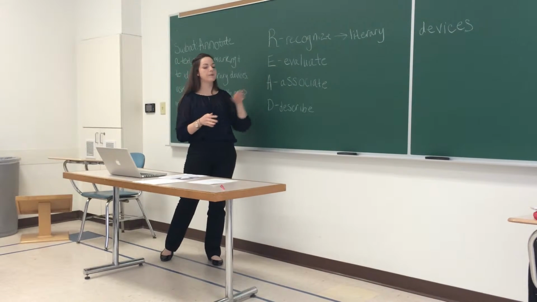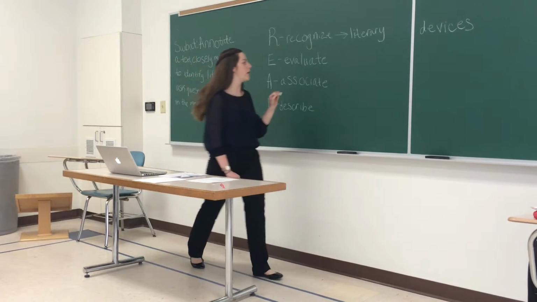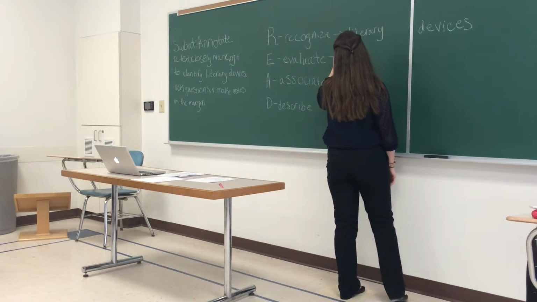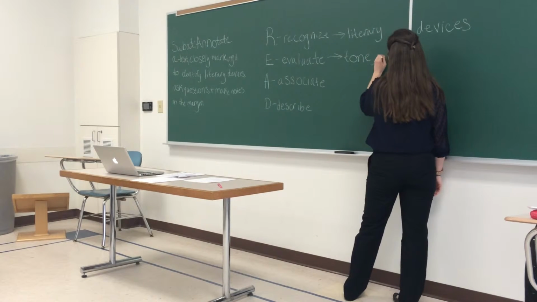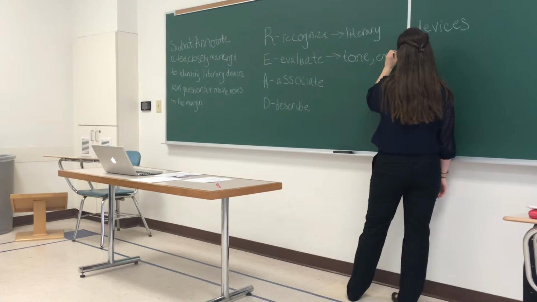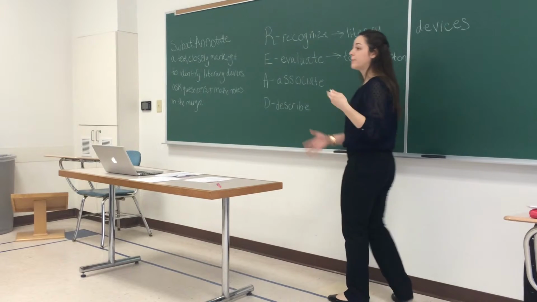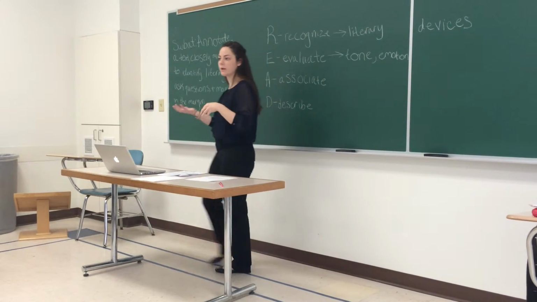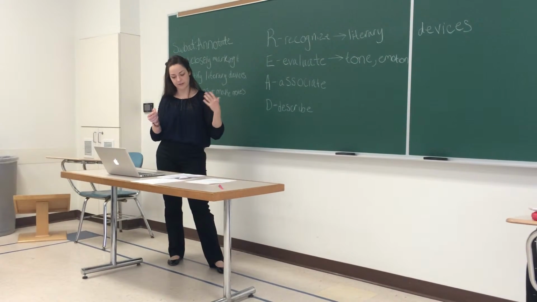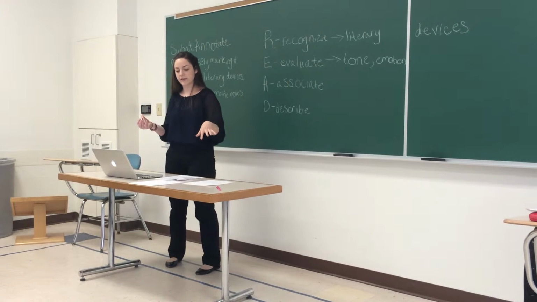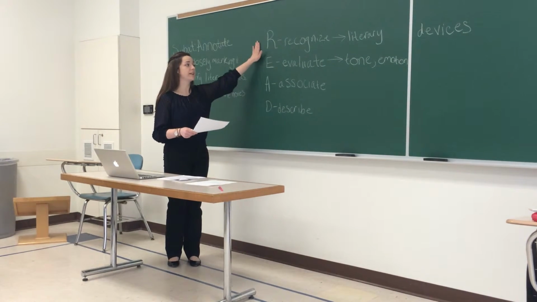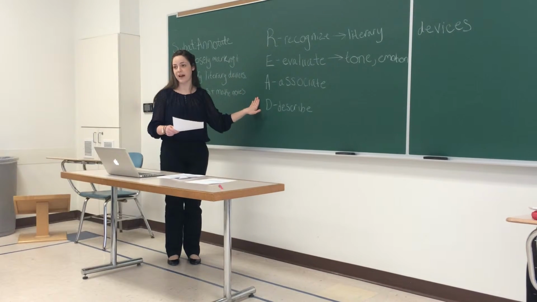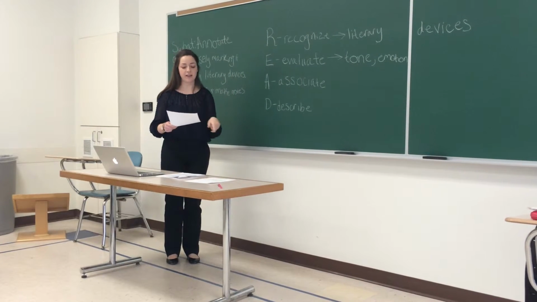What I connect to evaluate is probably when you're looking for tone or emotion, and you can see them maybe stating an opinion, or you think they feel one way about the idea they're trying to convey. So let's take a look at I, Too, Sing America for these first two, recognizing and evaluating, and then we'll do the last two, associate and describe.